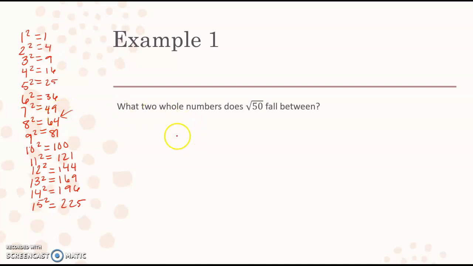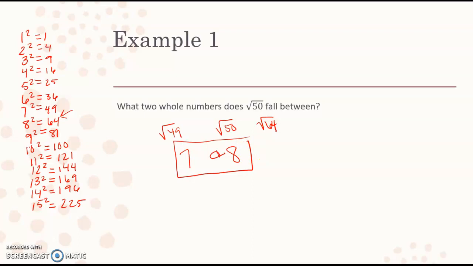So what I know is the square root of 49, square root of 50, square root of 64. 50 fits right between those two perfect squares, which means my two whole numbers: the square root of 49 is 7, and the square root of 64 is 8. So we have 7 and 8, and those are the two whole numbers that the square root of 50 falls between.